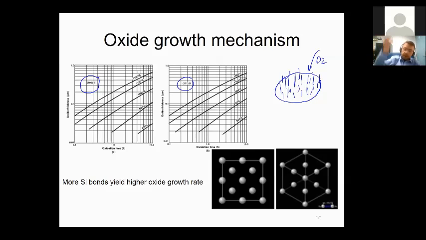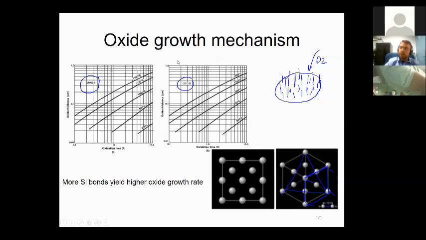I hope you can visualize it in your mind. If I don't have that many bonds, it's going to be slower. And this was the diamond structure of the silicon crystal. It will depend based on how we orient the surface, like either in the 111, I might have more uncompensated, what we call dangling bonds, or fewer dangling bonds on the surface.